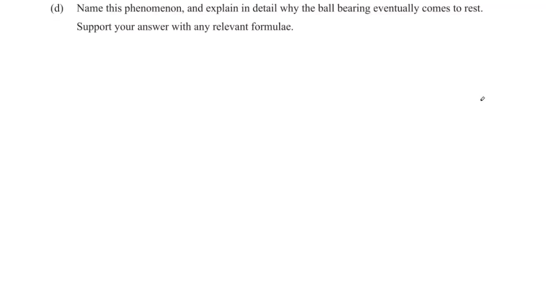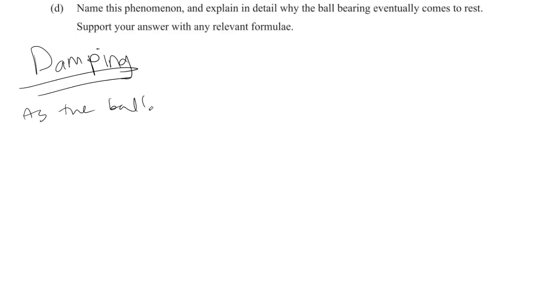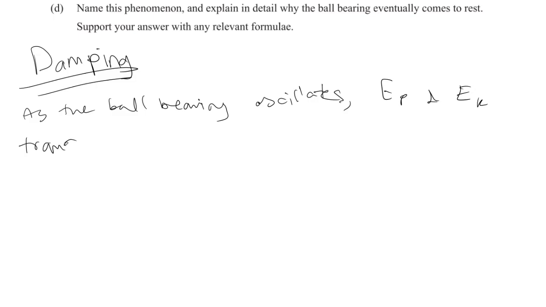So we have to name this phenomenon. It is called damping. So basically what you know is that as the ball bearing oscillates, EP and EK, so the gravitational potential energy and the kinetic energy, transform interchangeably.